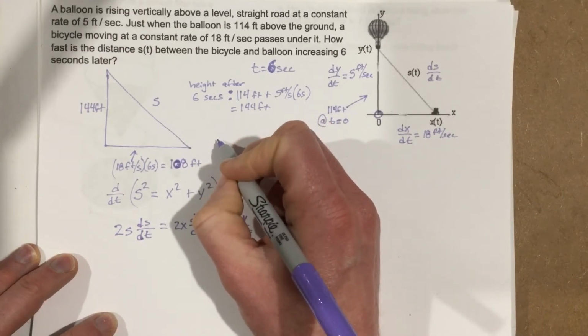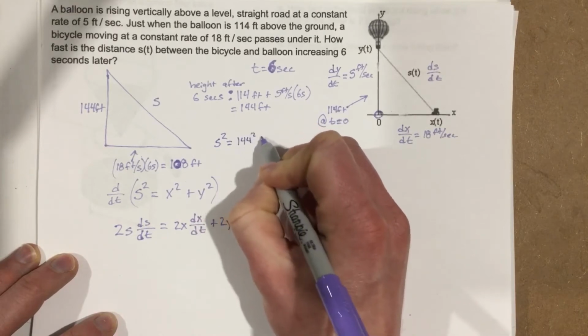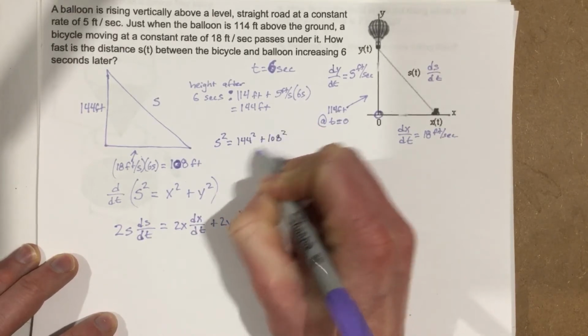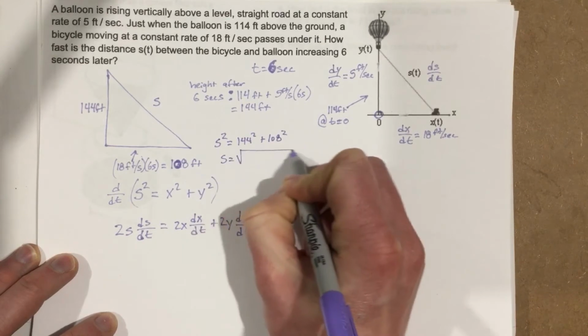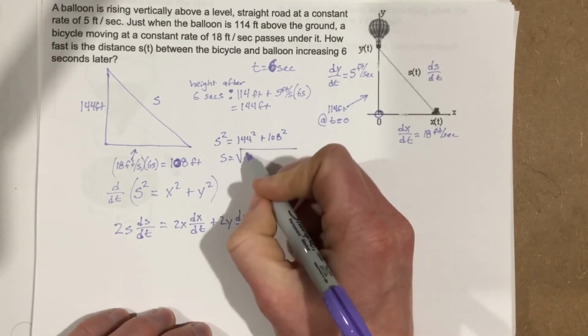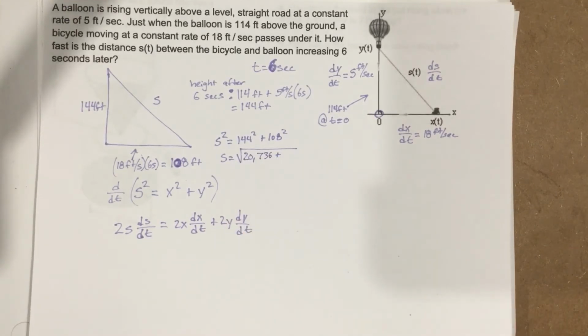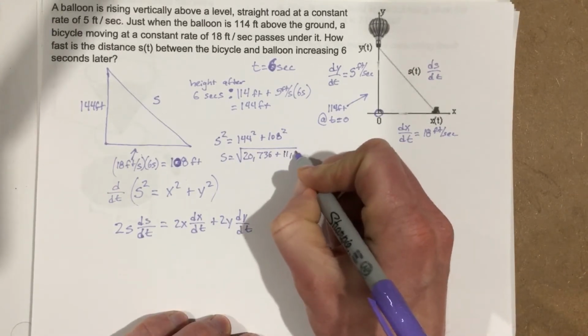So we're just going to say that s squared equals 144 squared plus 108 squared. So s equals root, I'm going to put that in the calculator, 144 squared is 20,736 plus 108 squared, that's 11,664.